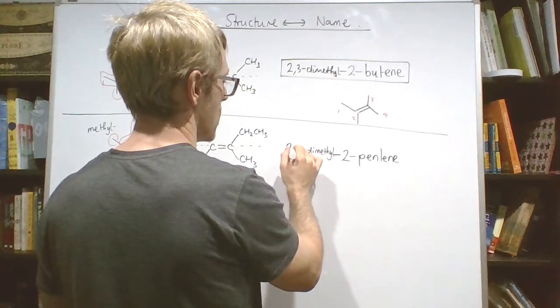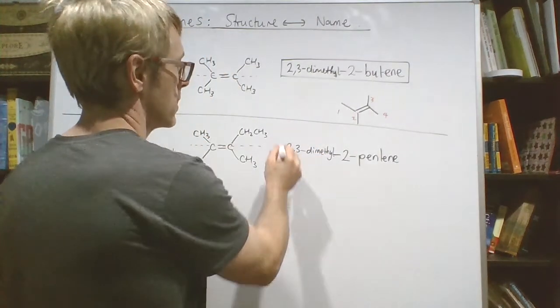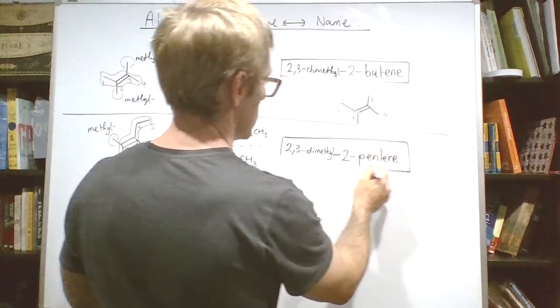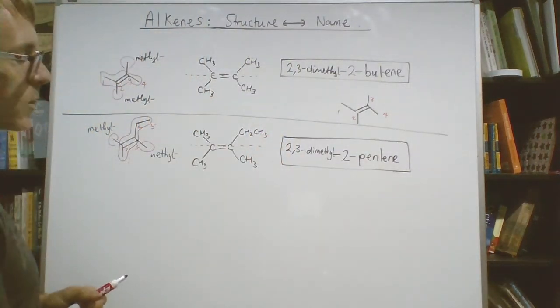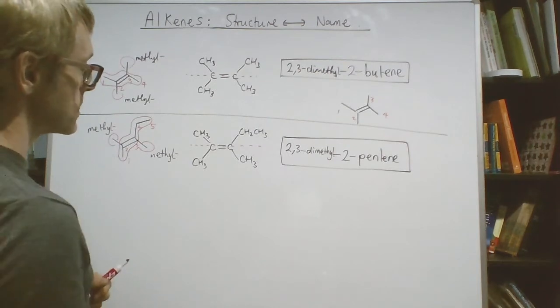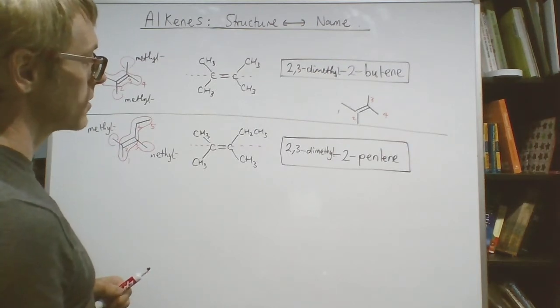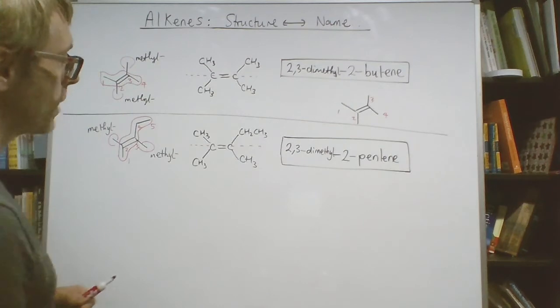So this structure is explained perfectly well, with no need for cis-trans isomerization. It's 2,3-dimethyl-2-pentene.